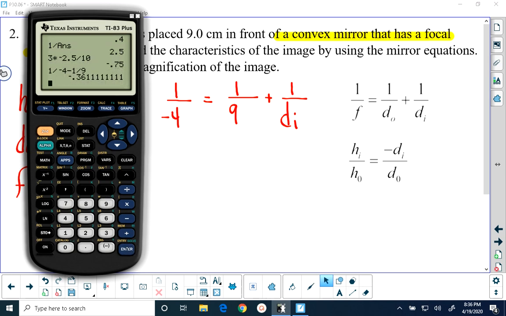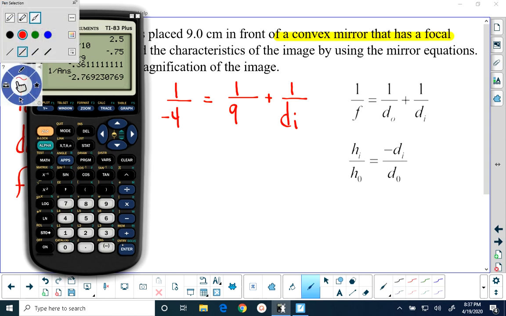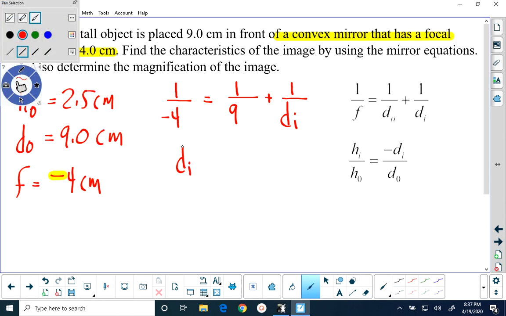Don't forget that this is not di, it's the reciprocal of di. So to find di, we have to take 1 divided by the answer, and you get negative 2.77 centimeters. So di is negative 2.77 centimeters.